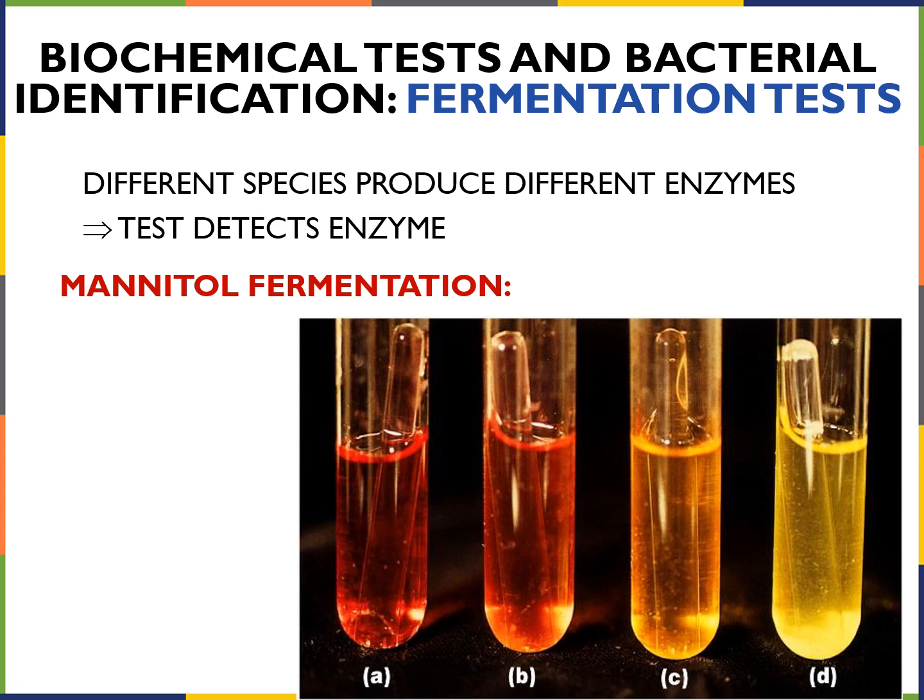So in tube A, down here at the very bottom, the red media is called phenol red, and there's a pH indicator built into the phenol red media. There is a little tube on the inside that is known as a Durham tube, D-U-R-H-A-M.